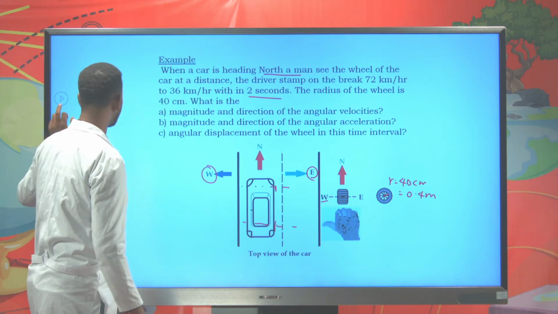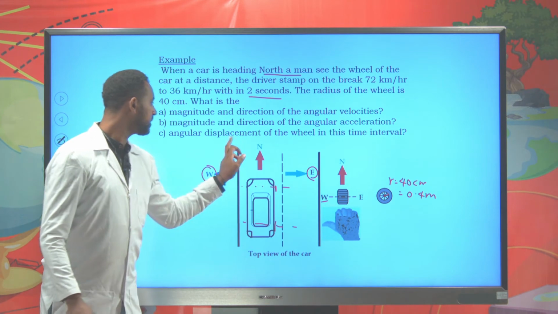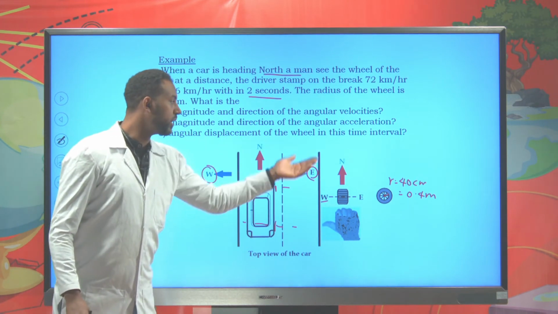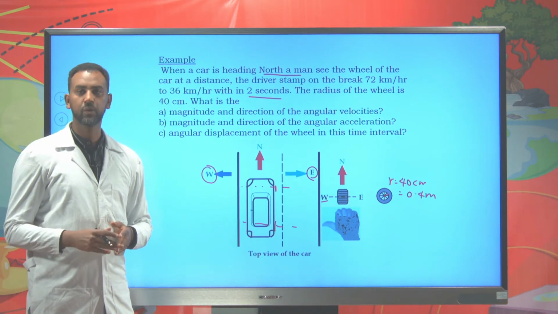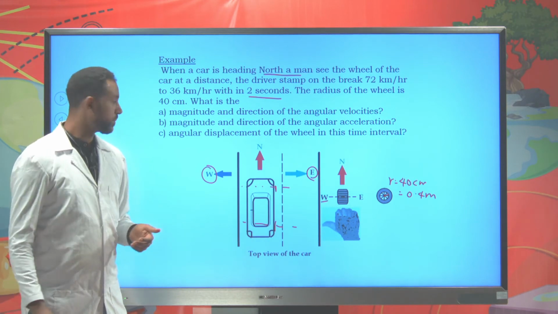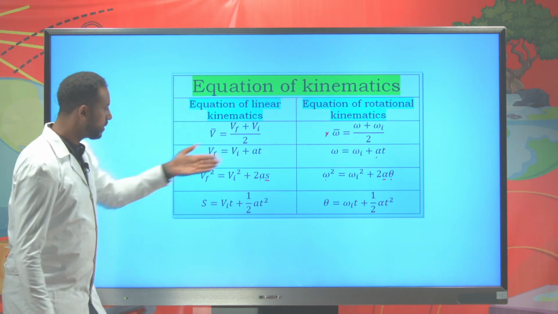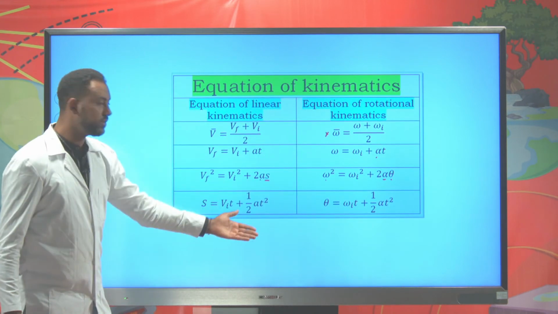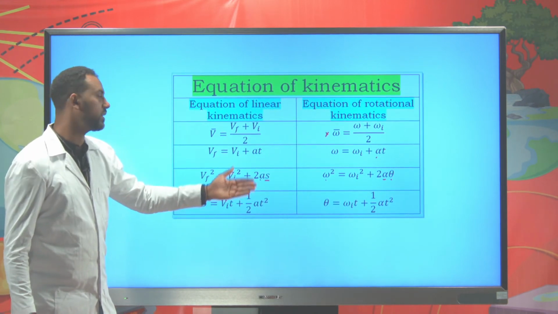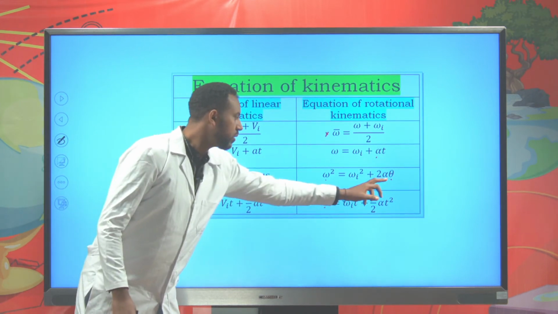Now at last, the third problem asks you to find the angular displacement of the wheel in this time interval. Among the equations we had previously, which one is appropriate to find angular displacement? This one or this one?